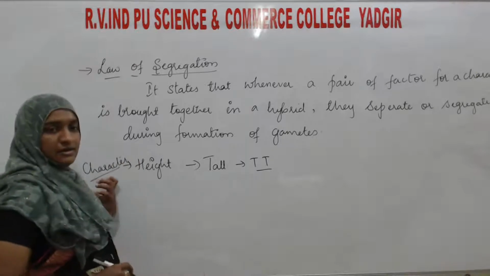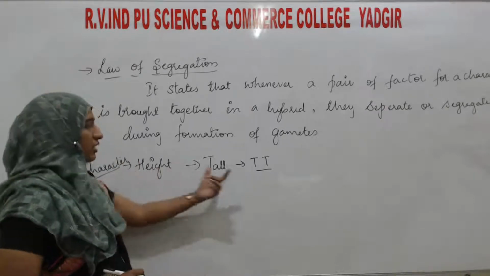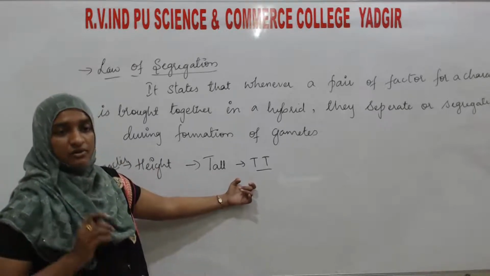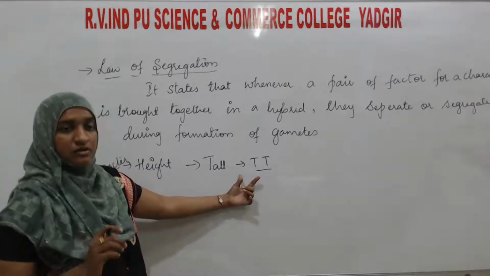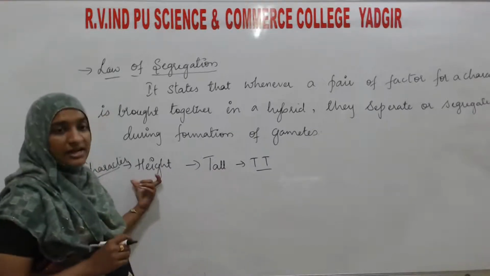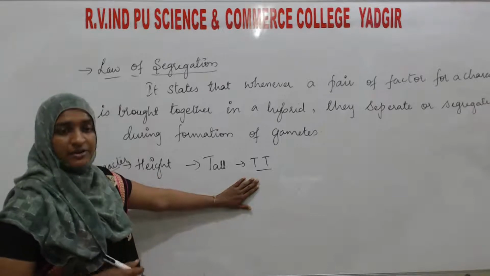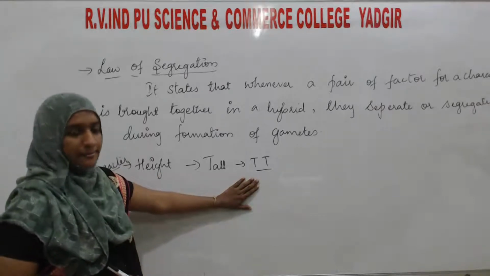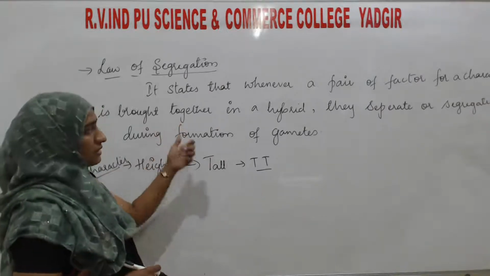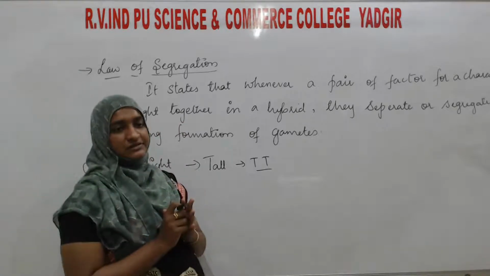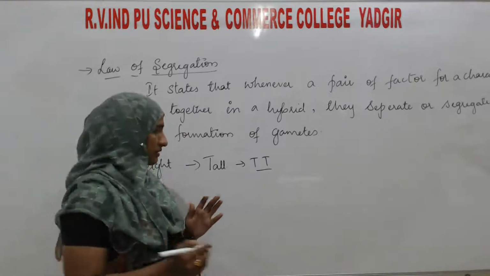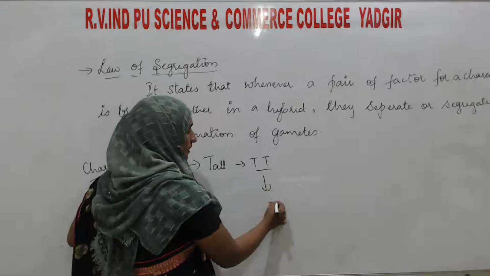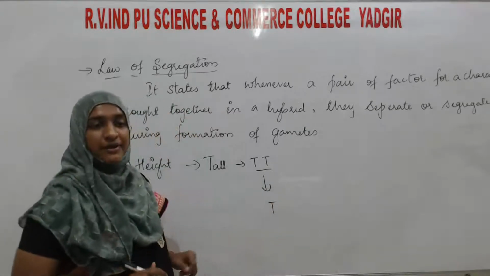The pair of factors or genes responsible for this height is capital D and capital D. They will be present in pairs, but during gamete formation they will separate. They will get separated.